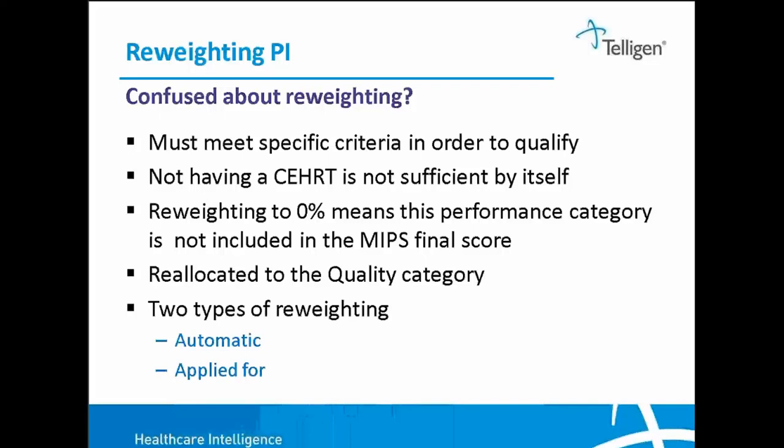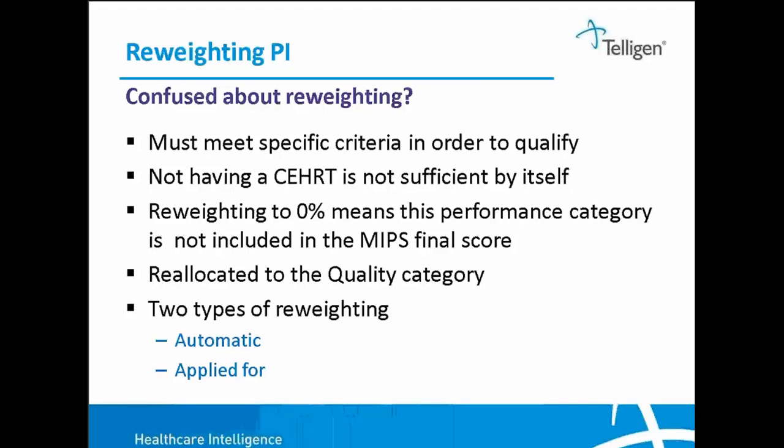Now, the reweighting of this category caused a lot of confusion for us here and probably for some of you guys. But I think we got it all figured out by the end of last year. An eligible clinician must meet certain criteria in order to qualify for reweighting to 0 for that category.